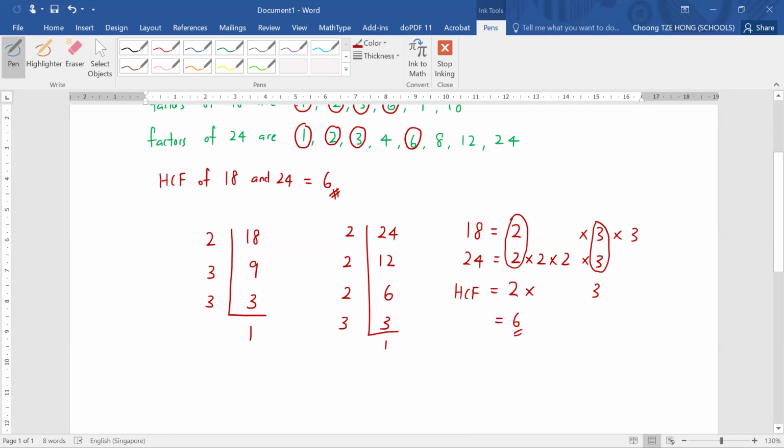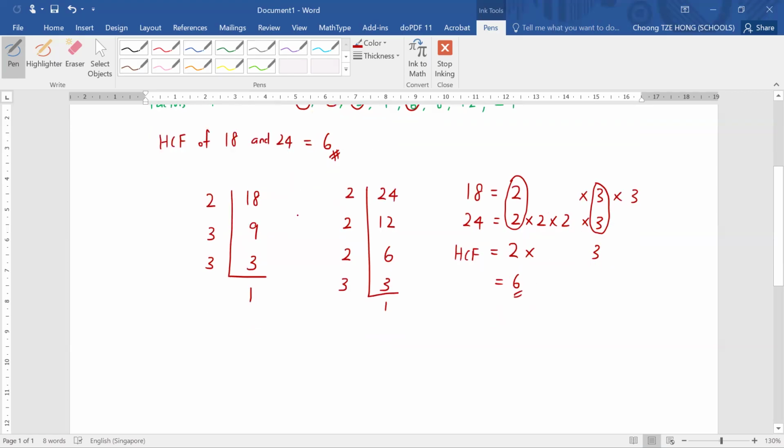Let us now put it in index notation form and see how we can still identify the highest common factor. 18 is 2 times 3 squared, and 24 is 2 cubed times 3.